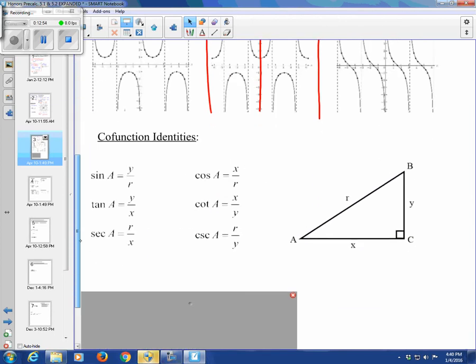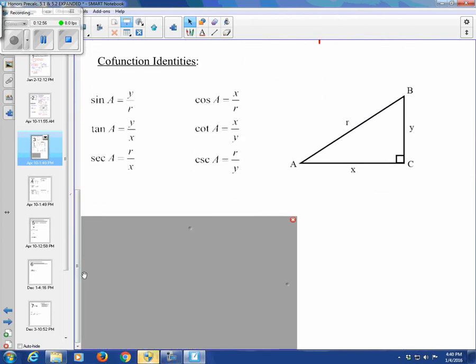So moving on, we can move on to our co-function identities. Now right here, we've got a reference triangle with an angle of perspective A. But what if we were to change the angle perspective from our angle A to our angle B?